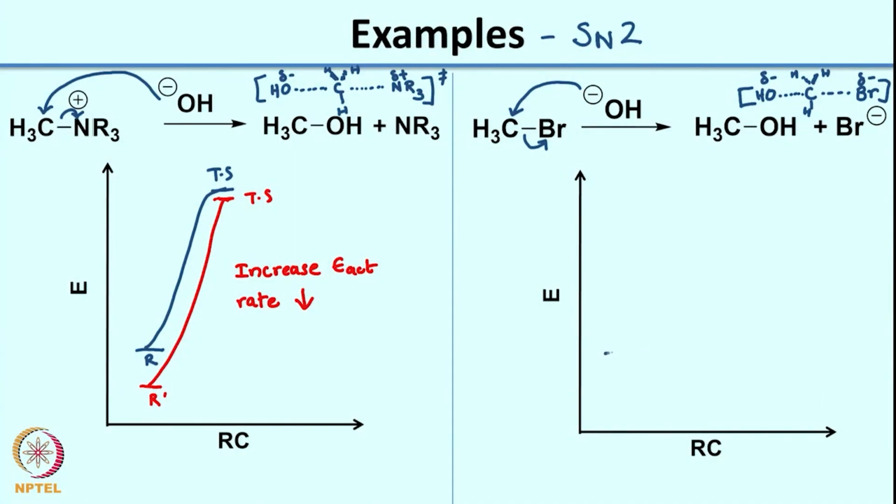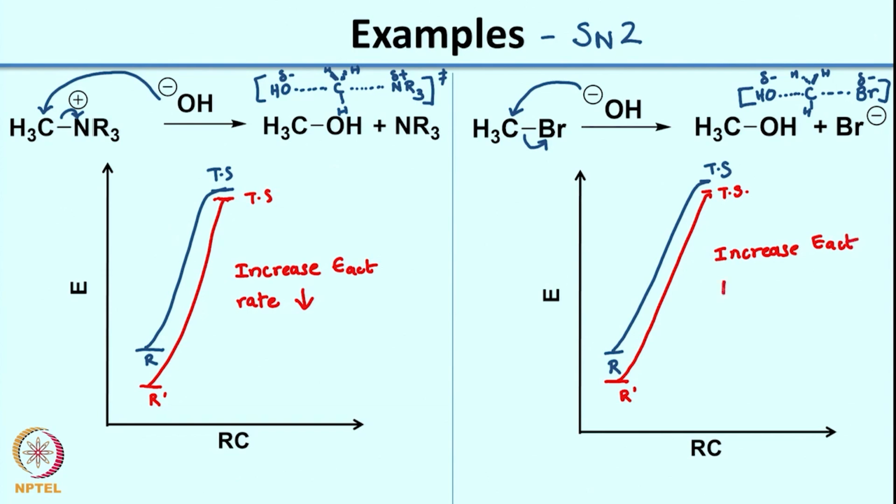So, this would look very similar to the example that we had just seen. When you increase the solvent polarity, the increase in reactant stabilization might not be as much as the earlier case because only one of your reactants is charged, but it would still be more than what is seen in the transition state. So, you will have again an increase in the activation energy and the rate will decrease.